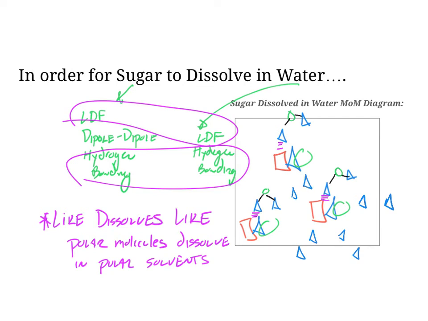So if the solvent is water, in this case, we see that the sugar structure is pretty much being surrounded by water.